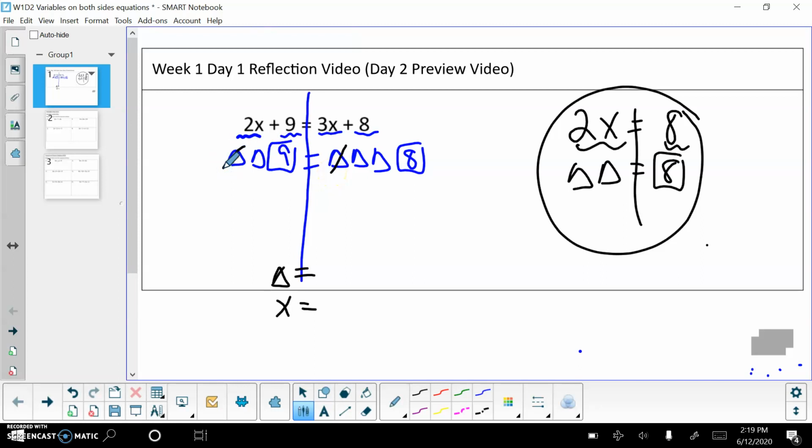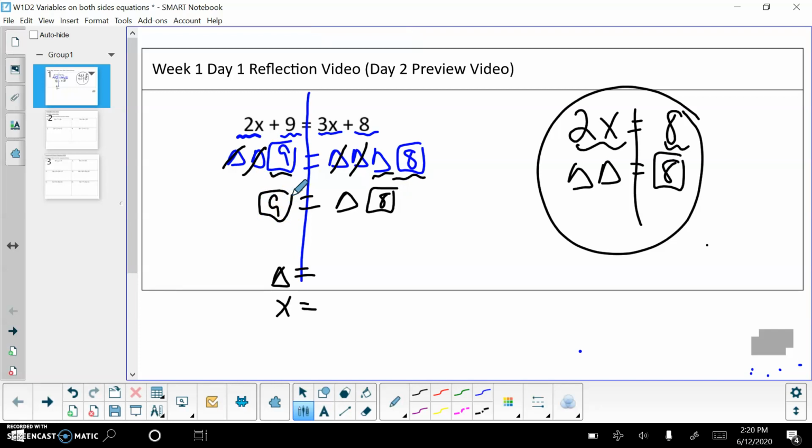And then I notice I still have triangles on both sides. So I'm going to take away another triangle from the right, and I'm going to take one from the left. And now I don't have any triangles on the left side anymore, so I can't just keep taking it away. So I'm just going to come down here and show what I've got left. I've got that one triangle here left and this 8 cube. And on the other side, I have this 9 cube left.